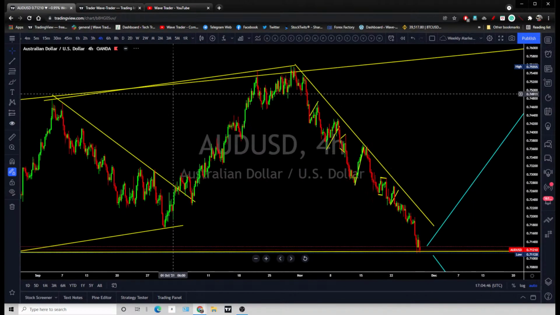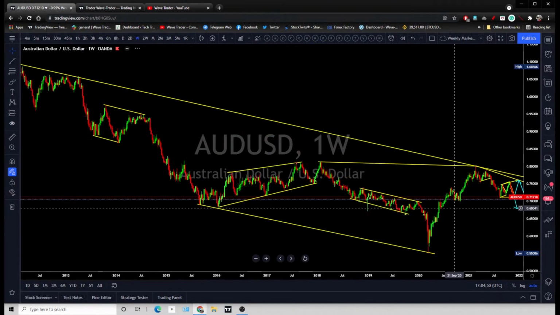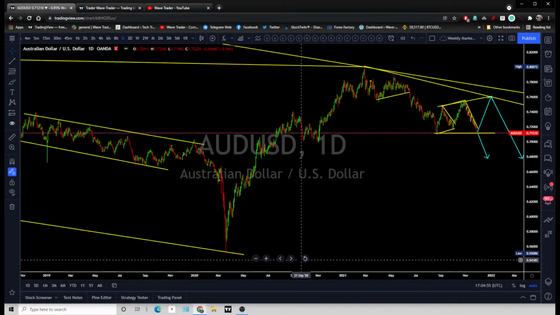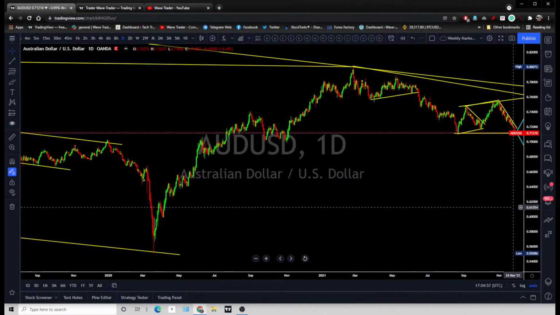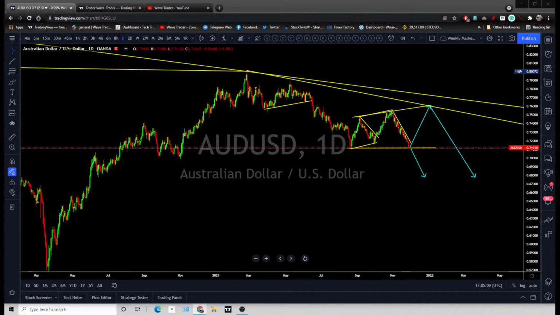So the Australian dollar and the US dollar is also pushing lower. Last week we were looking at this bigger time frame, the weekly time frame. If I look at the daily, the wave is very much completed on the Australian dollar, US dollar. As you guys remember, last week we were expecting it to continue to keep pushing lower. We were expecting a continuation trade on the Australian dollar breakout.